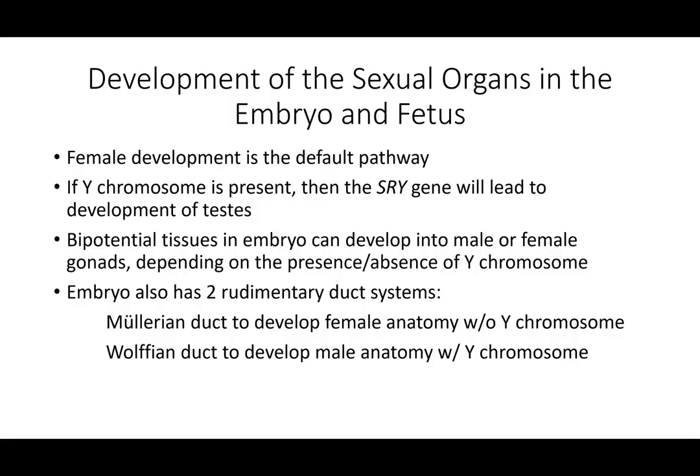So that's why on this slide I was mentioning that the SRY gene is really, really key, because even if that Y chromosome is present, if the SRY gene isn't functioning properly, then you are still not going to have that testosterone production at the levels that are required to trigger the development of the actual testes, for them to descend into the scrotum, for the penis to develop, for the vas deferens to develop, and all of those different things. So those individuals can be biologically male, but appear from the outside to be female.